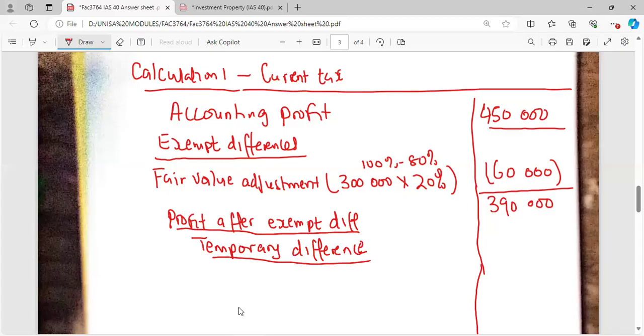The temporal difference is now going to be this 80% of here. So which means it's going to be the fair value, which is 300,000 times 80%.